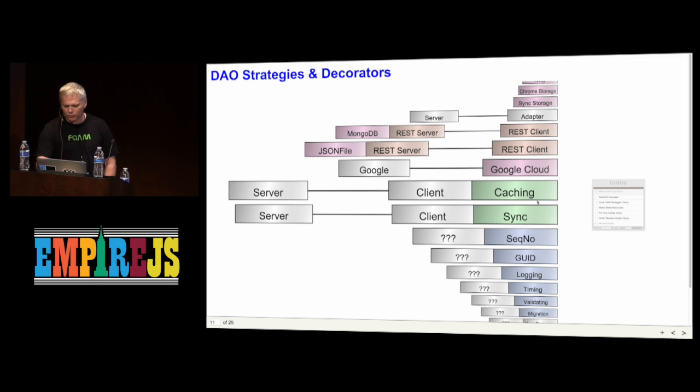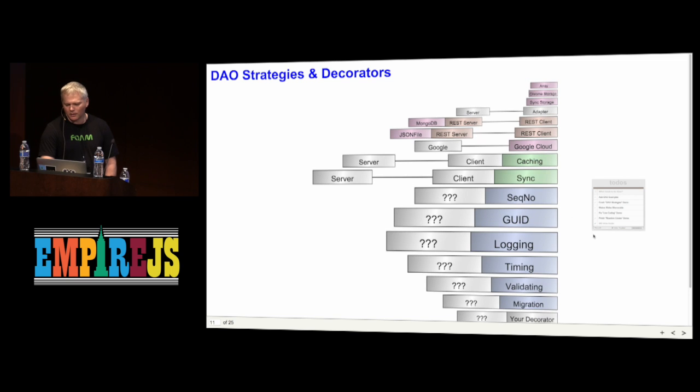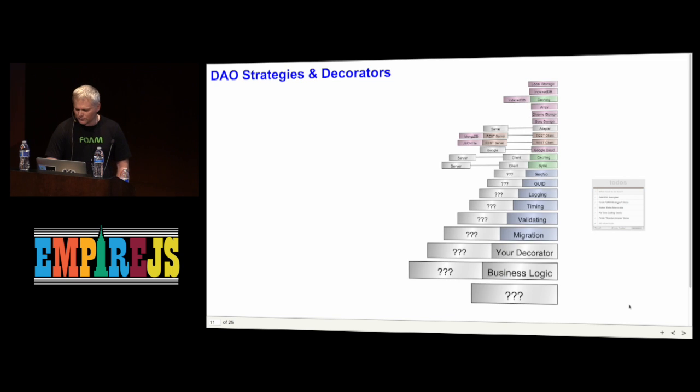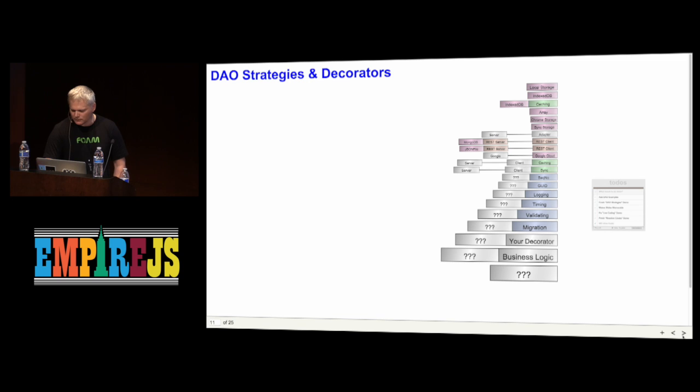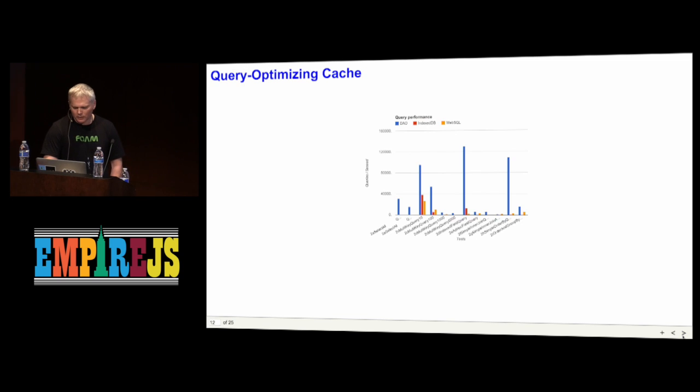So we really support offline apps nicely by using the various types of caching or synchronizing decorators. This is a graph of our performance, performed by another team for their app. On average, it was 99.7 times faster than IndexedDB, even though it is storing it in IndexedDB itself, just by adding caching and query optimizing.